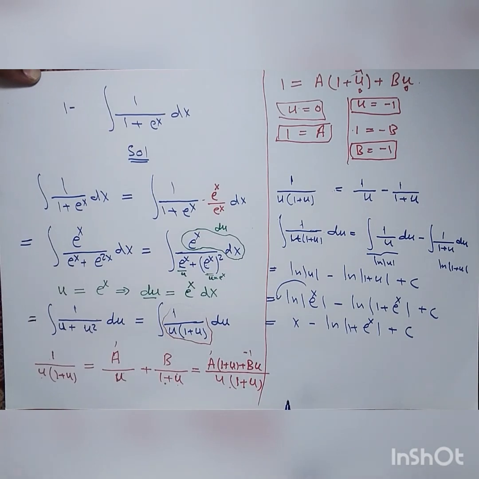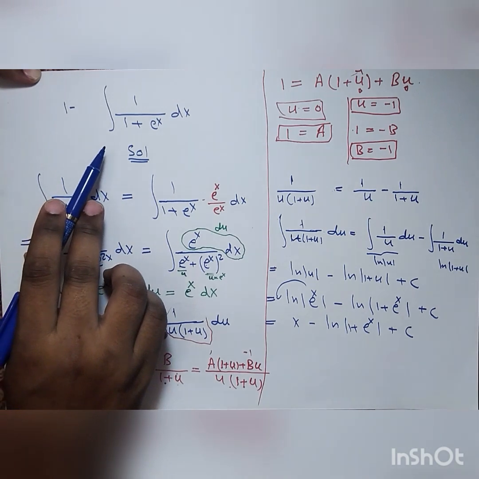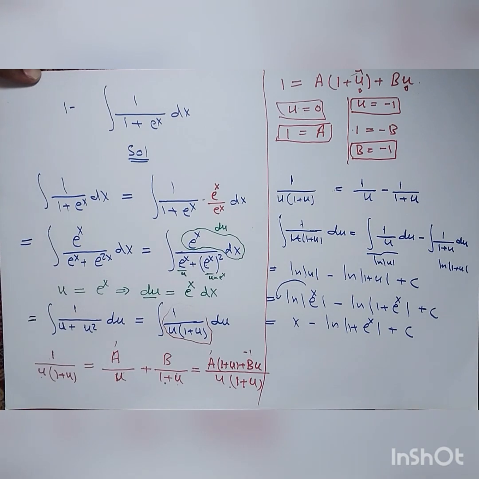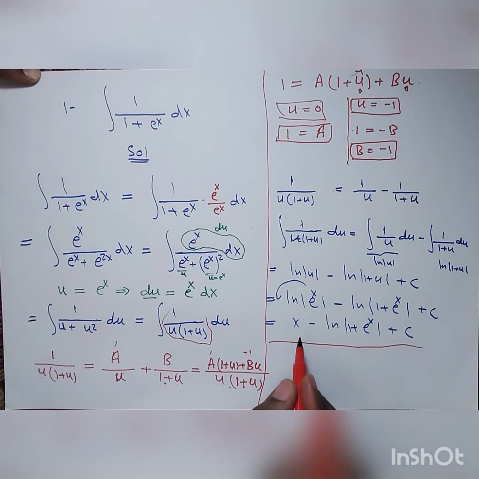Of course, if we take the derivative of this function, if we differentiate it, then we must get our original function. Let us do it here just to make sure that the solution is correct.